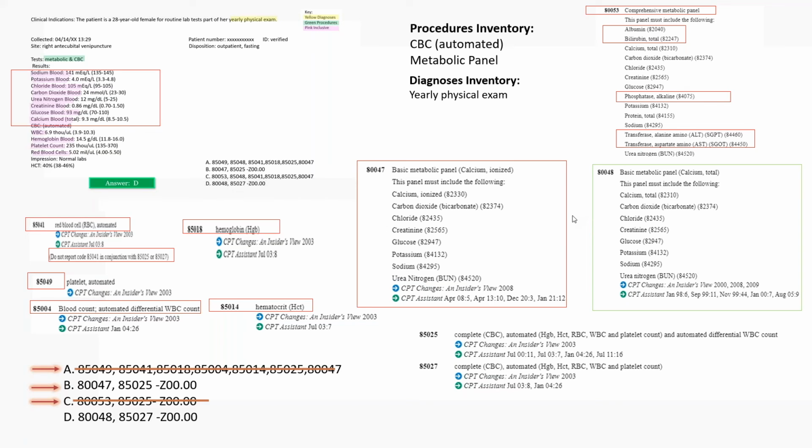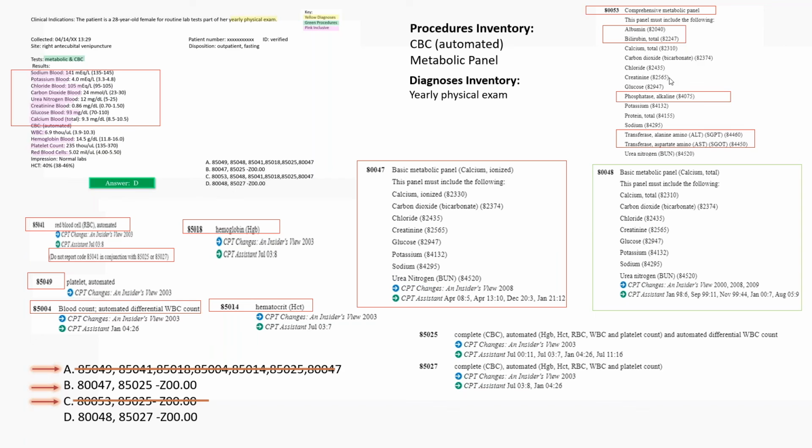And what kind of metabolic panel are we coding here, coder? The difference between 80047 and 80048 is just one thing. 80047 is coding for a calcium ionized and 80048 is coding for calcium total. So which type of calcium was done in our scenario? Was that an ionized or was that a total?